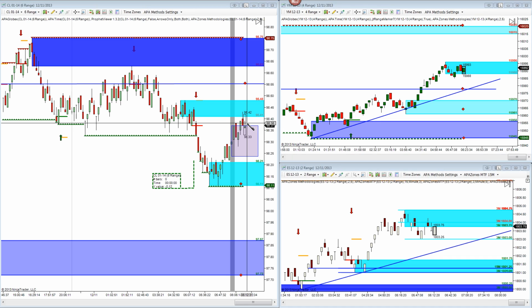Lower lows, lower highs, if I'm reading that correctly. It could be a pretty sideways day today, too.